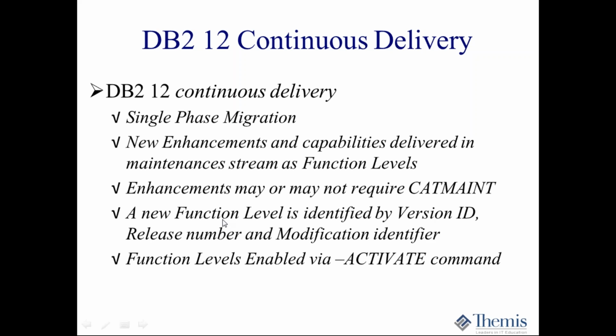New function levels are identified by a 9-byte identifier that includes the version identifier, the release number, and the modification identifier. When you're ready to enable the new function, you do it with a simple DB2 command, ACTIVATE FUNCTION LEVEL, rather than running the batch job. So IBM has streamlined the ability to adopt new functions into an existing DB2 version.